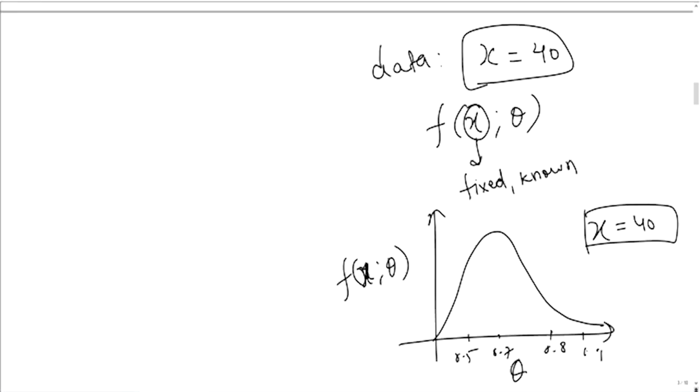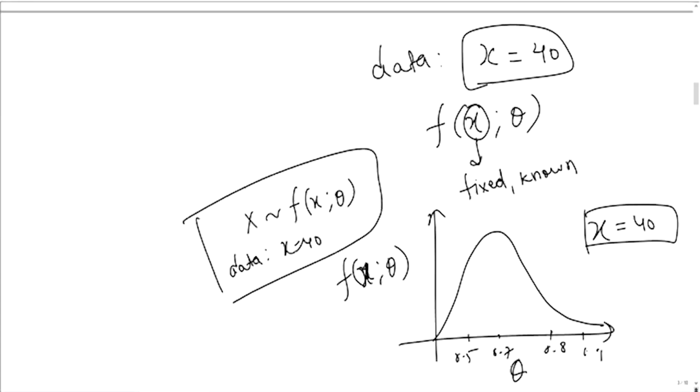This graph is telling you that if you assume that x, the outcome in your experiment, comes from f of x theta, and you observe in your experiment that x equals 40, then these values of theta are likely to generate this data, x equals 40.